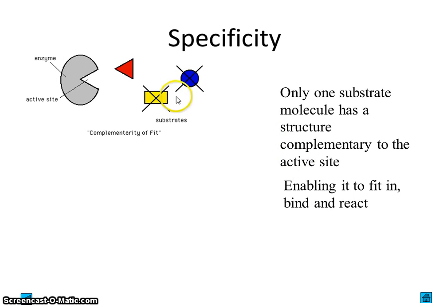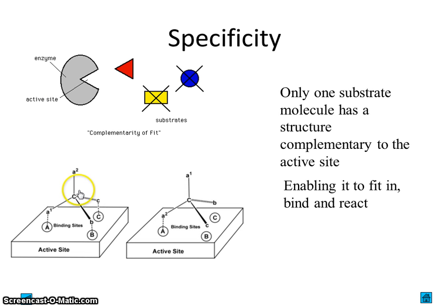Clearly in a diagram like this you can see that that substrate there is able to fit into the enzyme, but the enzyme is able to actually distinguish between, for example, optical isomers.